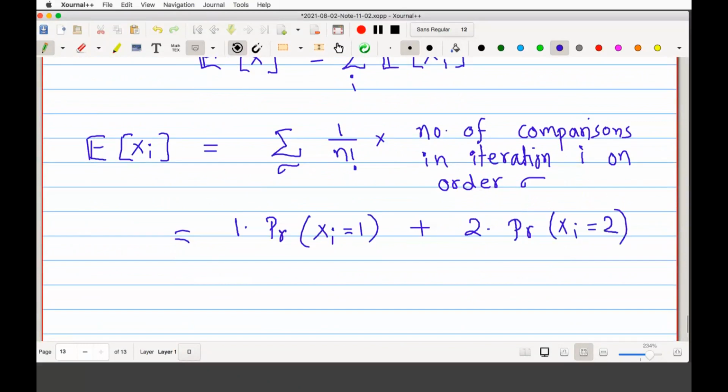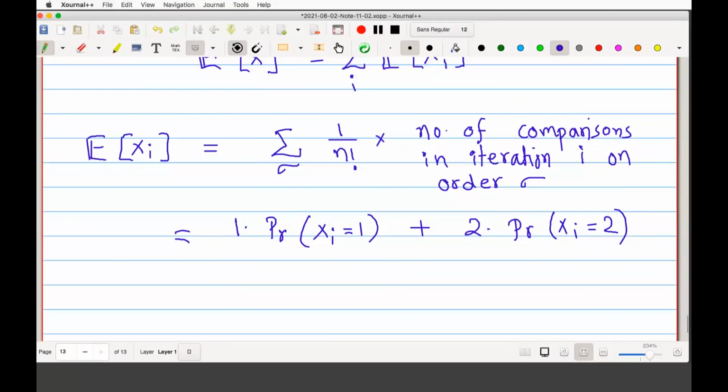And that's why I wanted to focus on a particular iteration, because now it looks much more manageable. I don't have to think about all permutation orders; it looks somewhat simpler.